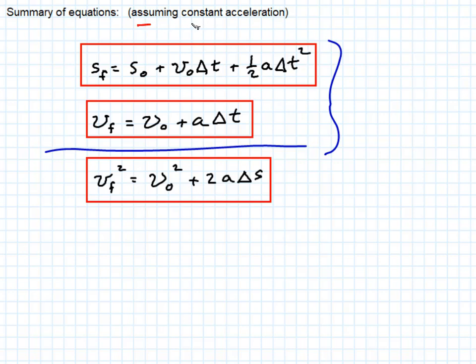Very importantly, notice it's assuming constant acceleration, okay? So for constant acceleration problems, whether it's gravity, whether it's some other kind of source of the acceleration, these are the equations that apply. Don't try applying these when the acceleration is not constant, or it'll give you wrong answers. Okay, so the next video we'll go through some example problems.